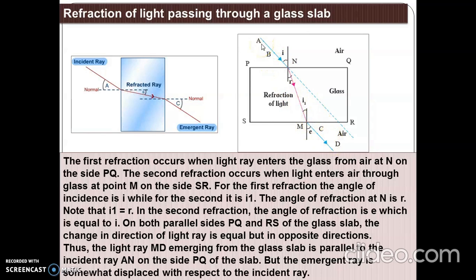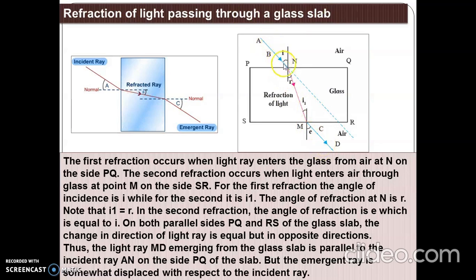Thus, the light ray MD emerging from the glass slab is parallel to the incident ray AN on the side PQ of the glass slab. But the emergent ray is somewhat displaced with respect to the incident ray.